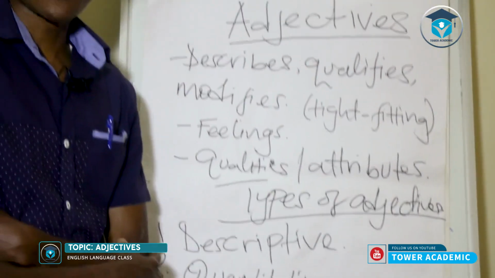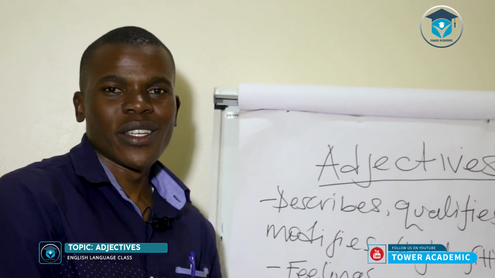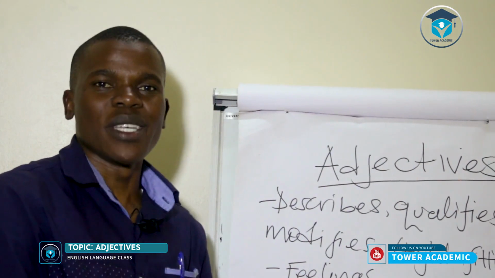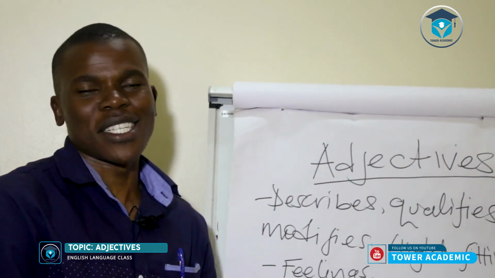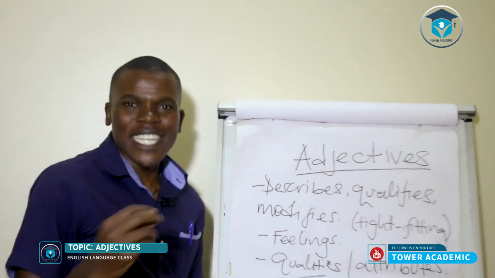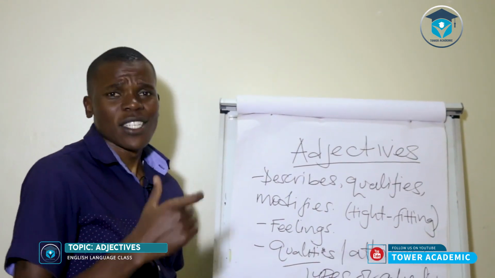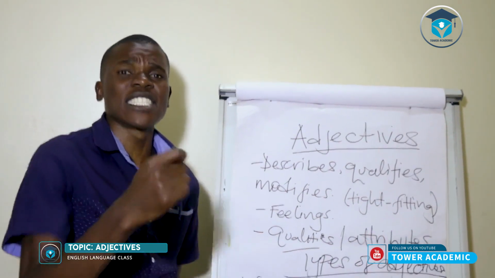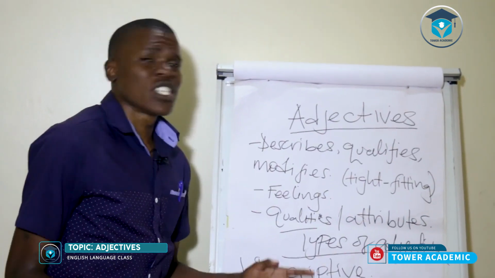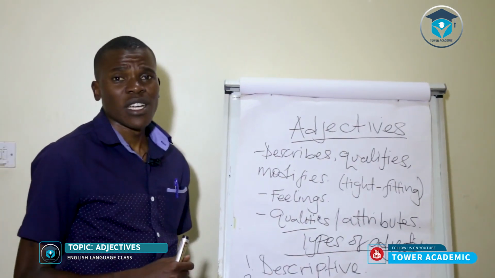You say, what brings you here? Why have you come here? Probably you could be asking such types of questions. When did you come here? So in the act of asking the questions, you are interrogating somebody. And that is exactly where we get the type of adjectives which we call interrogative adjectives.